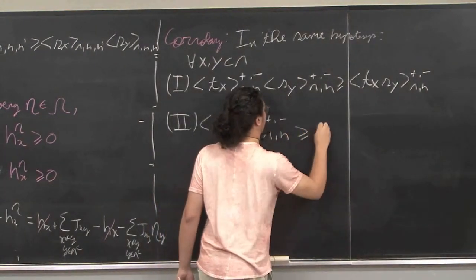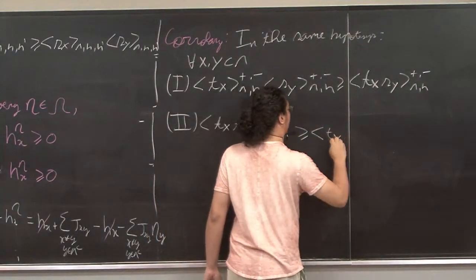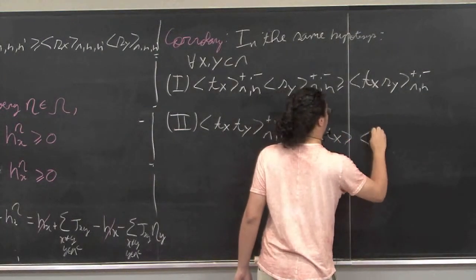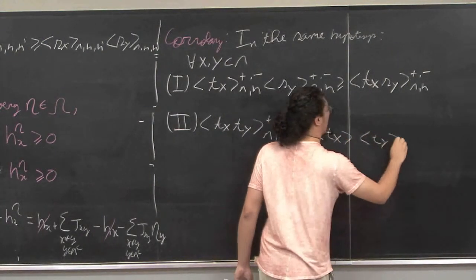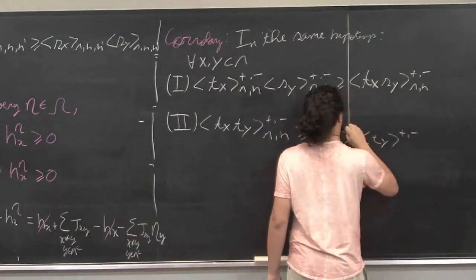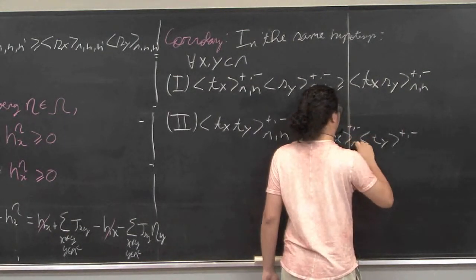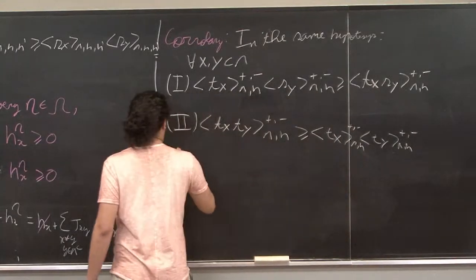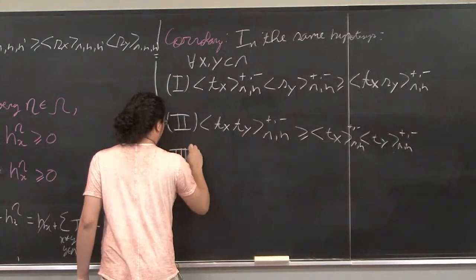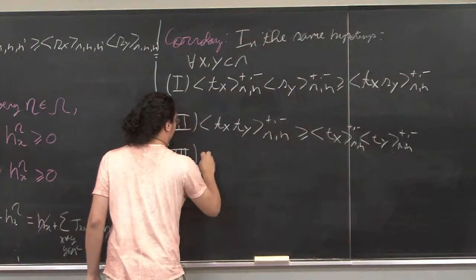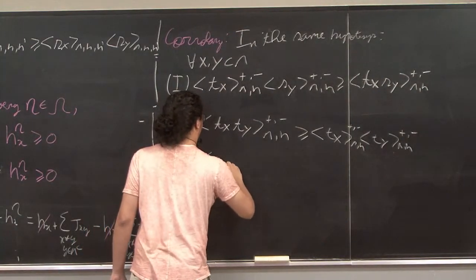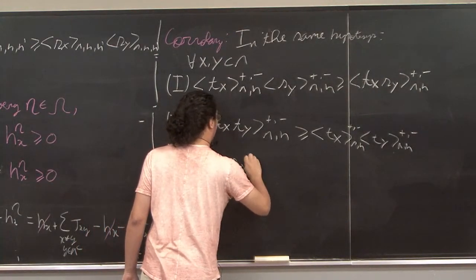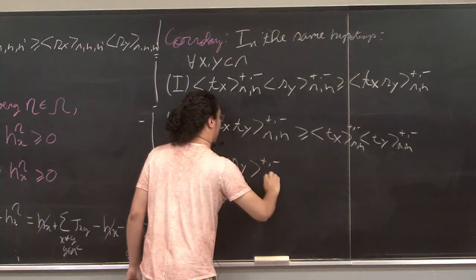This is bigger than the product, dx dy plus and minus lambda and h. You see why I was reluctant on writing this, right? So x and y plus and minus lambda h.